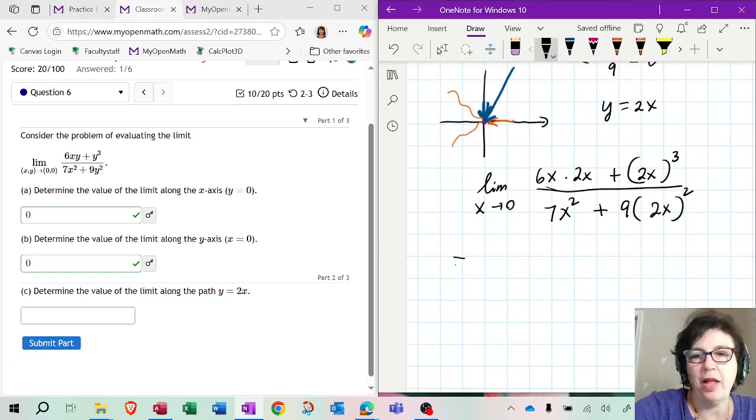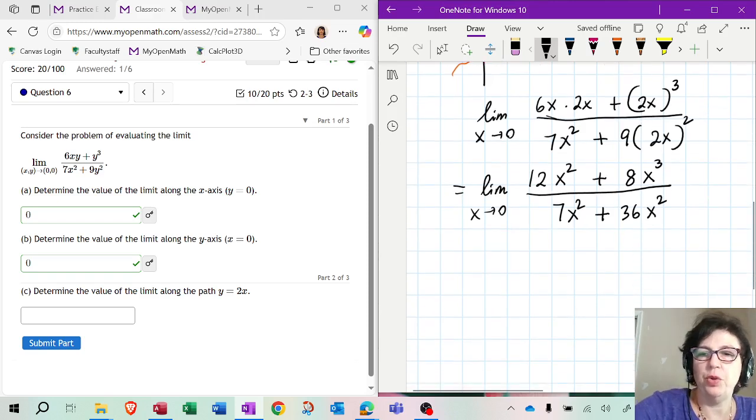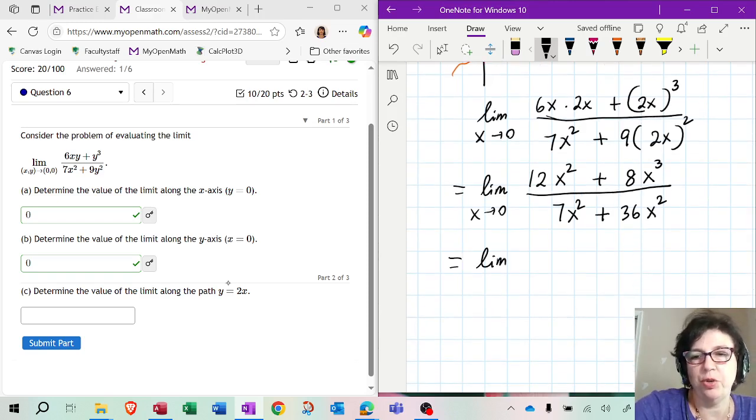Okay, so a lot of algebra here before we can get our answer. So this simplifies to 12x^2, and this simplifies to 8x^3. At the bottom is 7x^2 plus, well, this is 4, and times 9 is 36x^2. Okay, so notice that, of course, it is going to be 0 over 0, but you can actually factor out x^2 from the top.